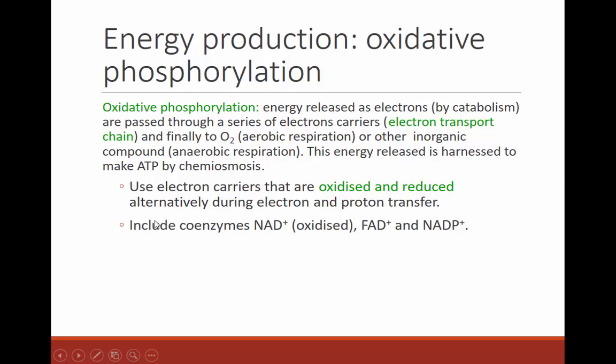And for this you need some of those coenzymes that we saw before. So the NAD and the FAD and the NADP. Okay, so you've seen those before. They just are part of that cycle. And not only are we transferring electrons, but we're moving protons as well.